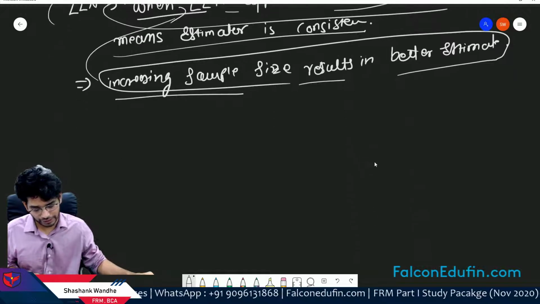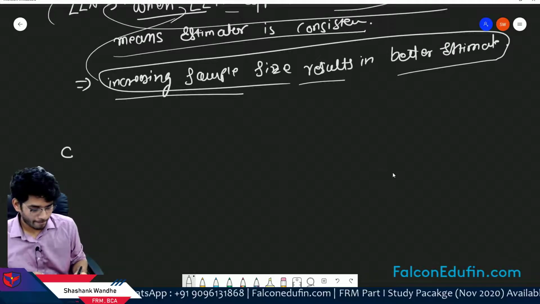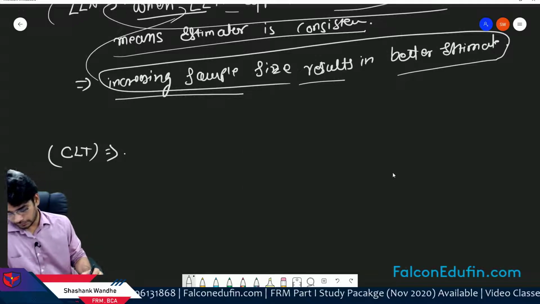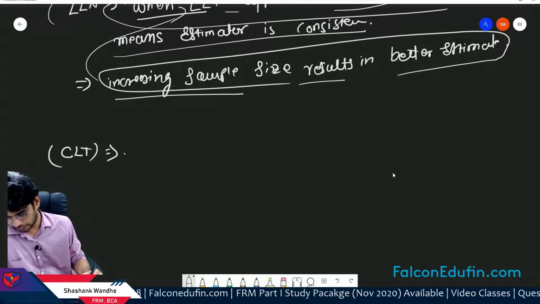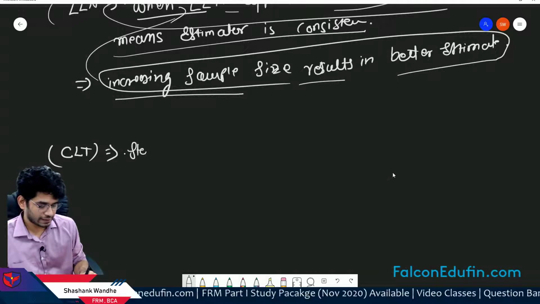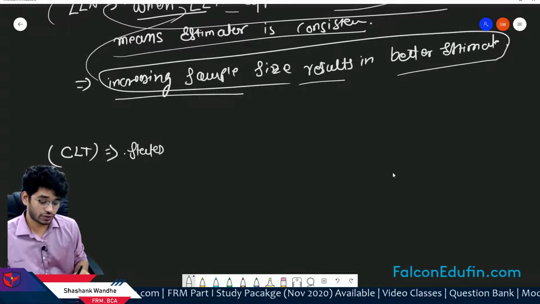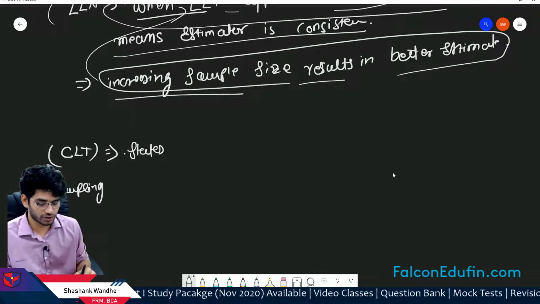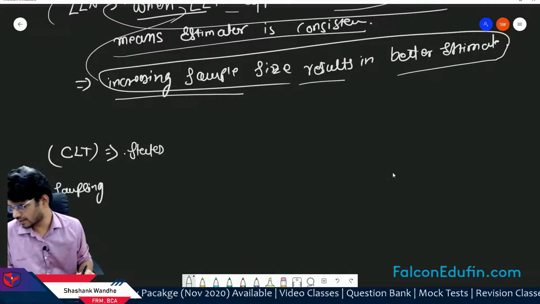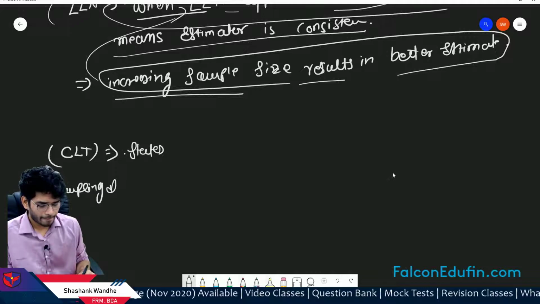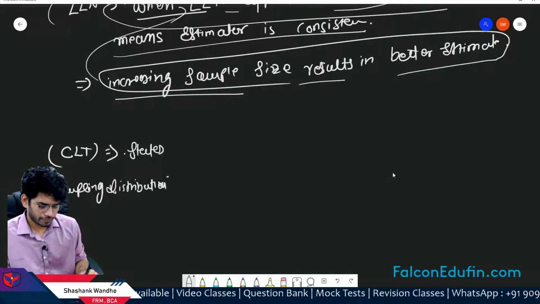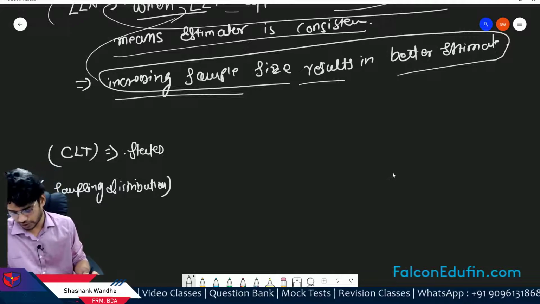Then the central limit theorem, CLT. This states, and it relates to the sampling distribution, that CLT is for the sampling distribution. I guess it is not mentioned in your book, don't know why. It only applies to the sampling distribution.